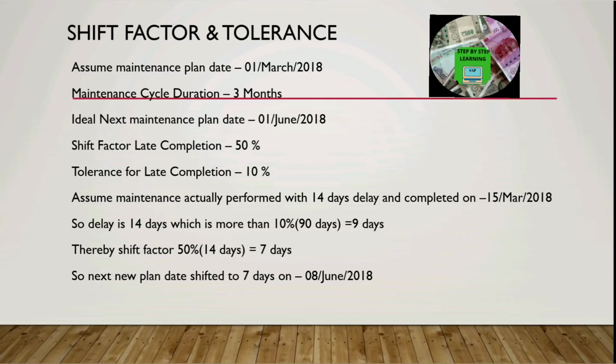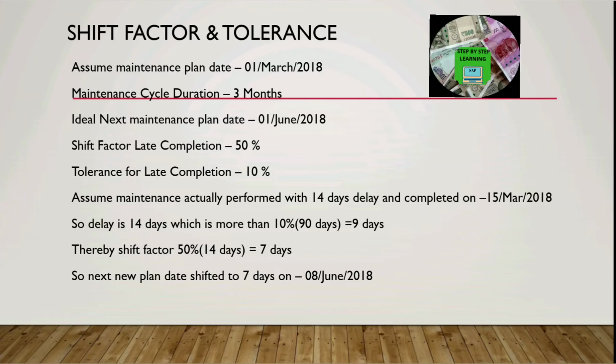So during that it will run and schedule the maintenance plan. Previously your ideal maintenance plan was 1st June, but since it is running every day and the maintenance was completed after a 14 days delay, your next maintenance plan date will automatically be rescheduled to 8th June 2018.